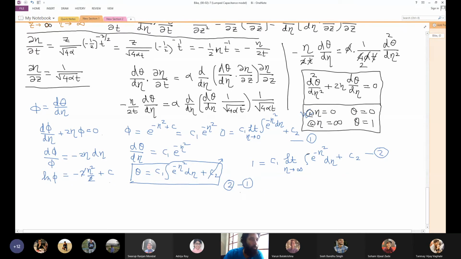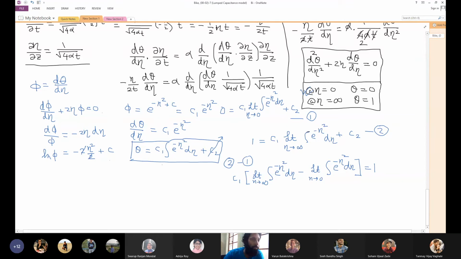We get c1 limit eta tends to infinity integration of e to the power minus eta square d eta minus limit eta tends to 0 integration e to the power minus eta square d eta equals to 1.